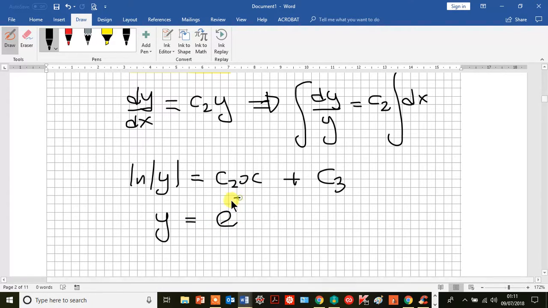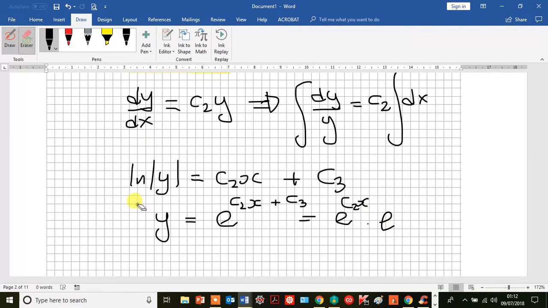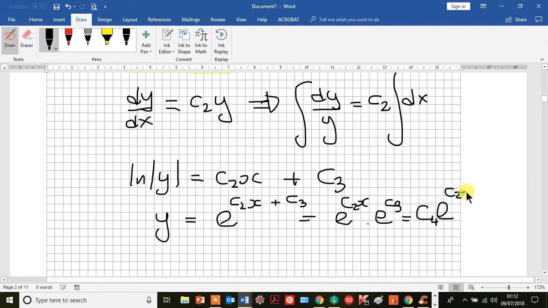So this is e to the c2x plus c3, which is the same as writing e to the c2x times e to the c3, which is, I should have called that c something else, but we'll call it c4 times e to the c2x.